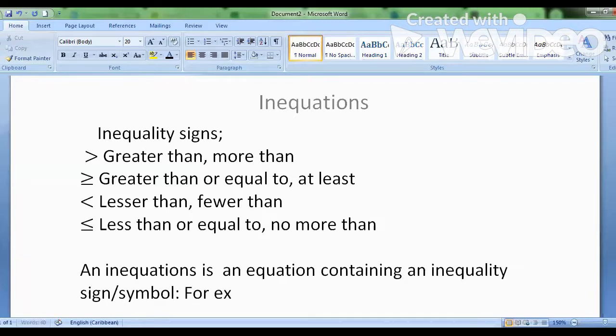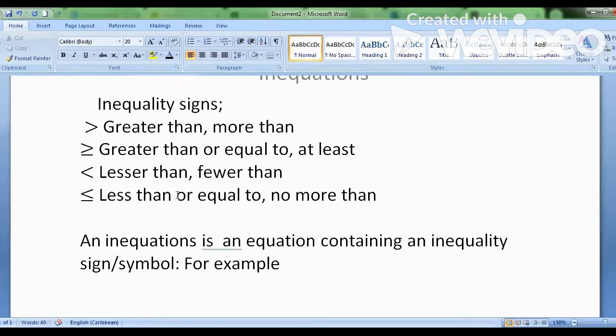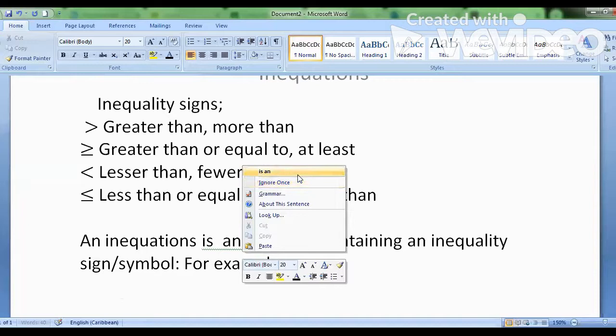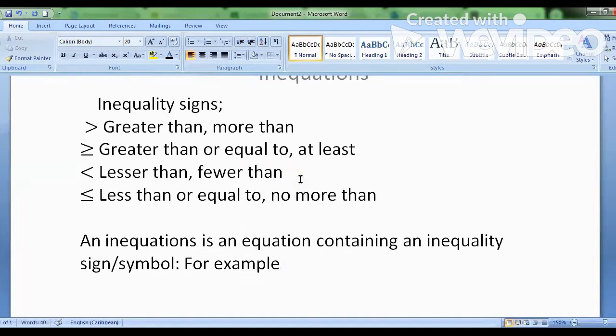So an inequation is an equation containing a what? Inequality sign or symbol.